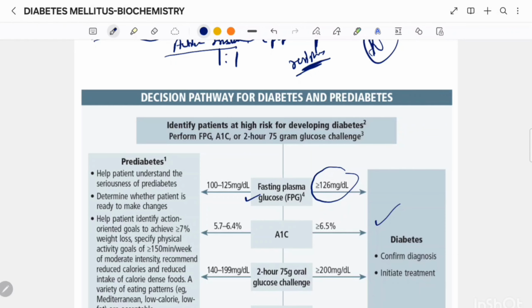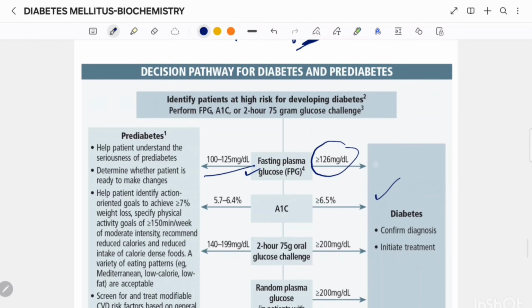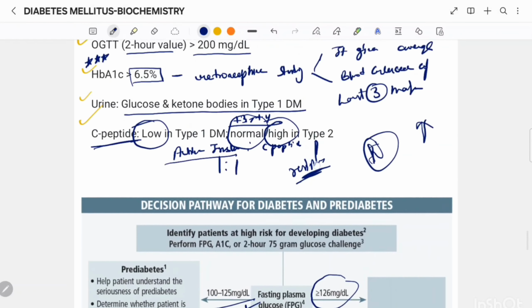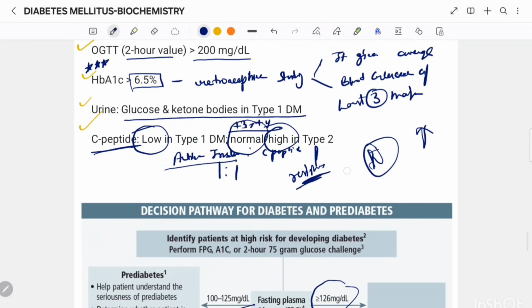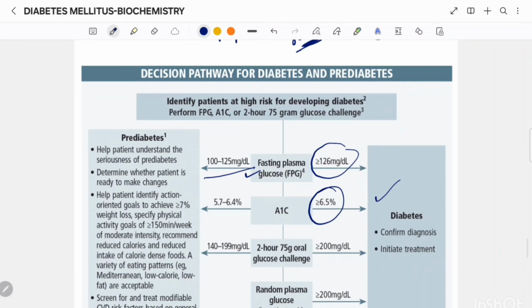But if it is between 100 to 125, then it is pre-diabetic. The second one we also discussed, HbA1c. If it is greater than 6.5%, it is confirming diabetes. But if it ranges 5.7 to 6.4, then it is a pre-diabetic condition.